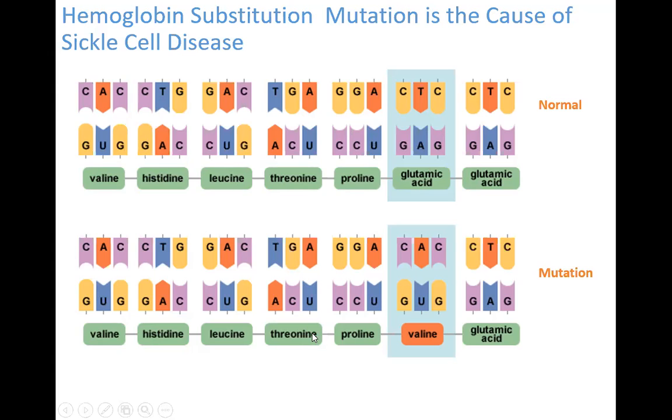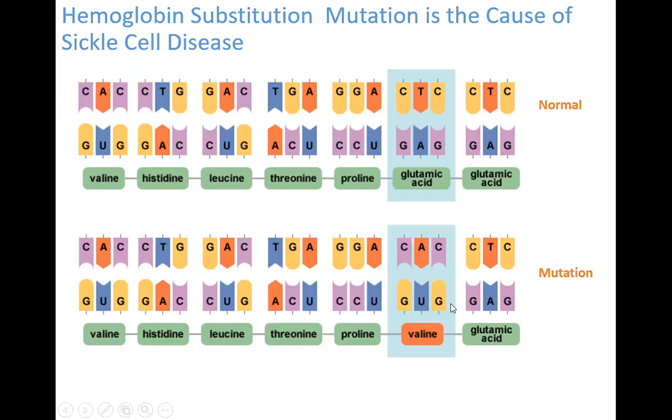But here, we've substituted uracil in here. Actually, the mutation substitutes adenine for thymine. And of course, the complement is GUG.